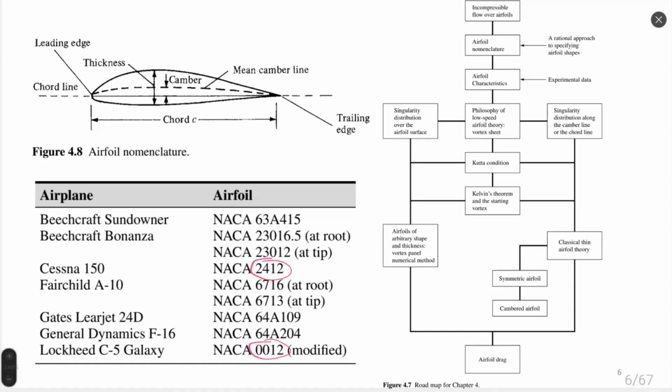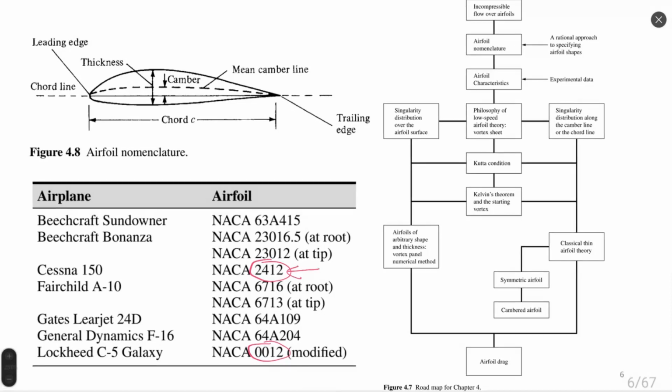Symmetric airfoils are very useful for many applications. Cambered airfoils are used for other applications. For example, the cambered airfoil 2412 has a very nice lift to drag ratio. They are quite efficient because it's not a symmetric airfoil, it's curved.